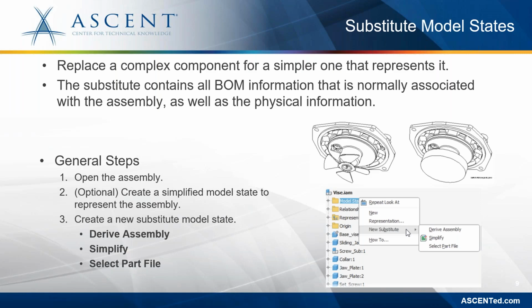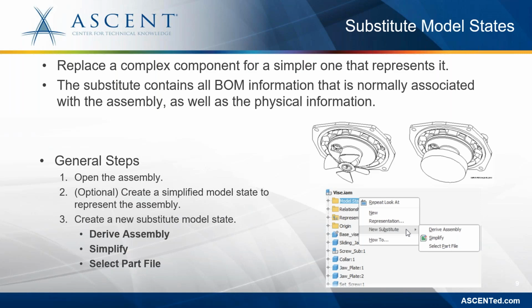So in terms of creating that substitute model state, you open an assembly. If you want to, you can create a simplified model state, just like we did, maybe removing the screws in the demo. And then what you want to do is create a new substitute model state. And in that, you have three options. The derive assembly, which is functionality that's been around for years, where you are deriving a single part out of the entire assembly.